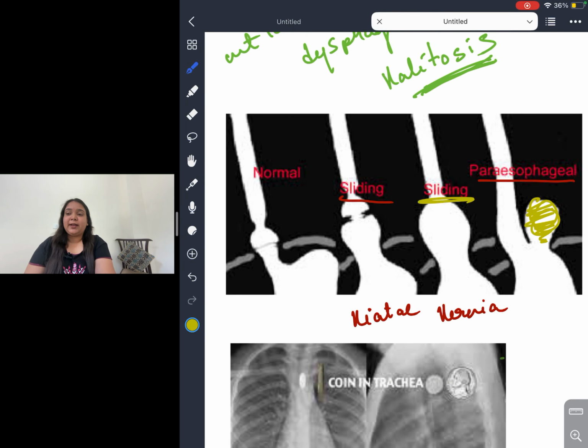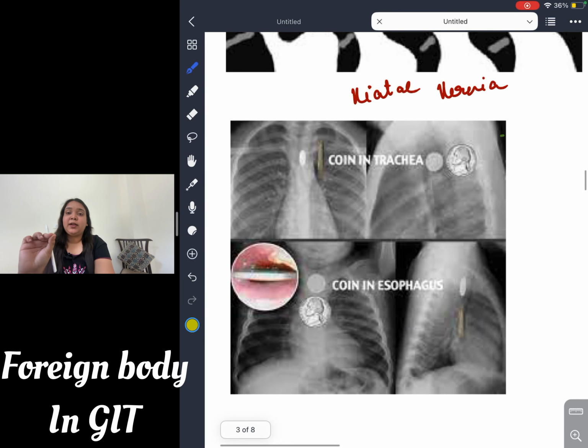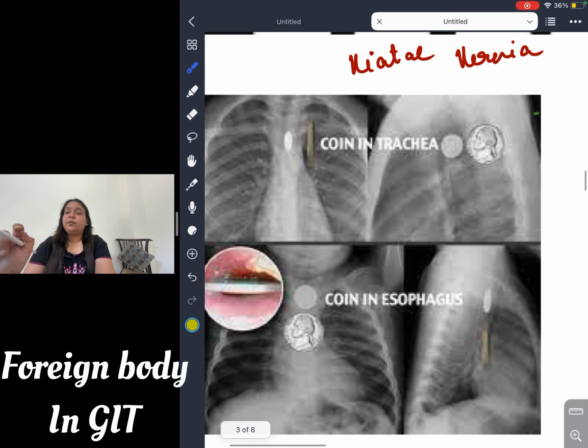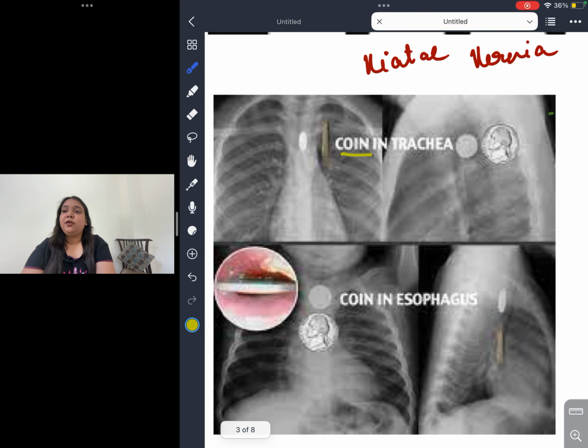Now, if we go to the next image, this is a foreign body in your GIT. If you find a coin in your trachea, this is your anterior posterior view and this is your lateral view. If a coin is in your trachea, in the anterior posterior view it will be slit like, and in your lateral view it will be circular.